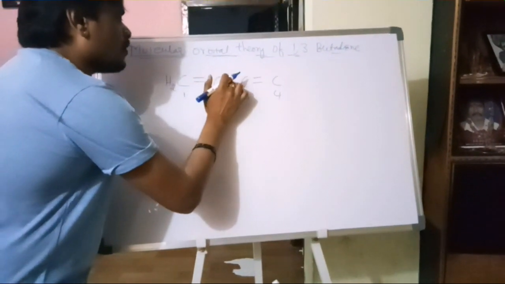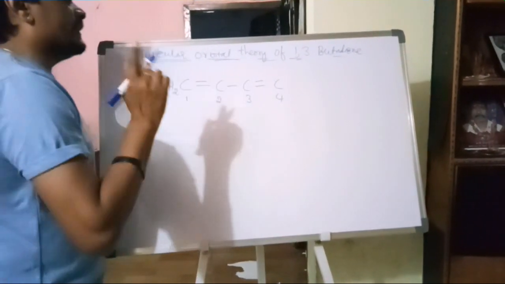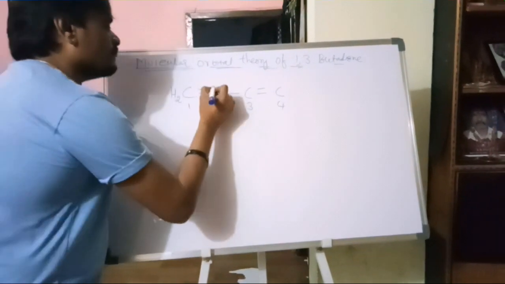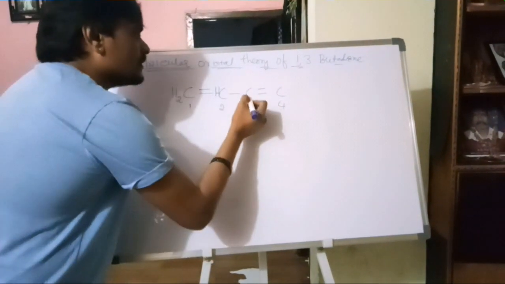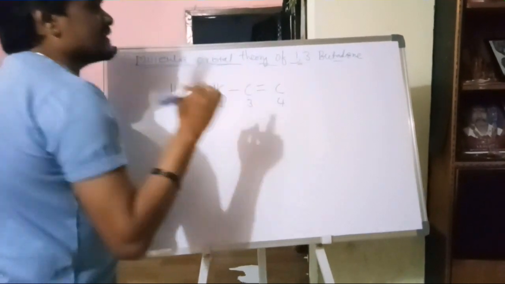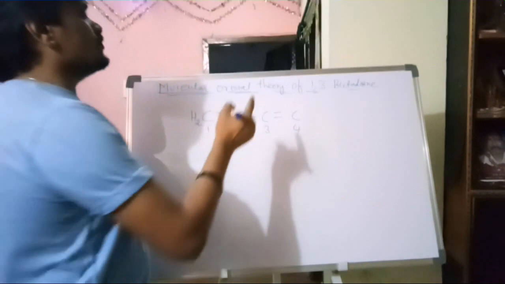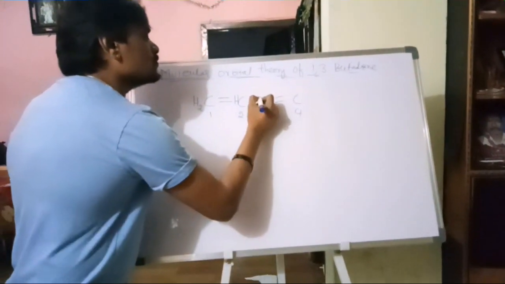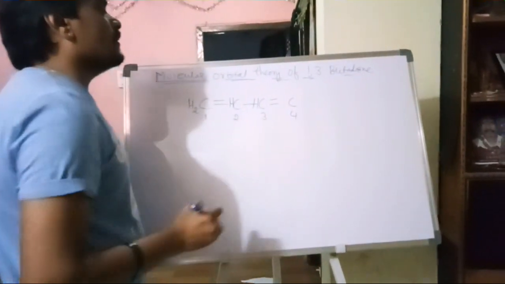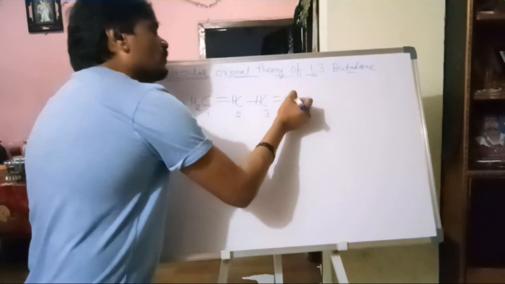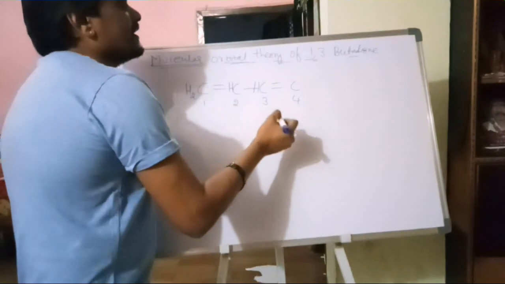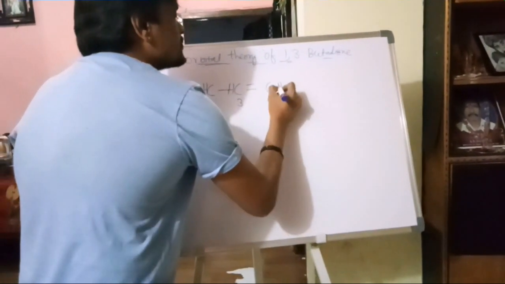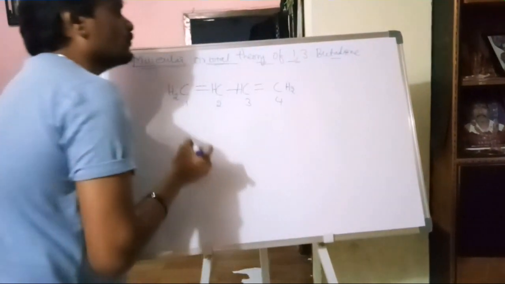Around the second carbon, 1, 2, 3 bonds, so it is lacking 1 bond, and we have to place 1 hydrogen here. Around the third carbon, 1, 2, 3, it is lacking 1 bond, so we place a hydrogen here. Around the 4th carbon there are 2 bonds, and we need to place 2 hydrogens to satisfy its valency.